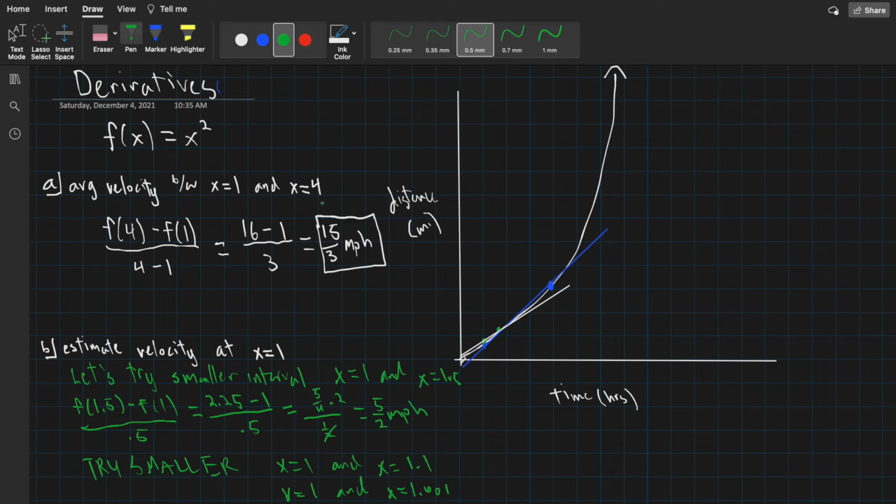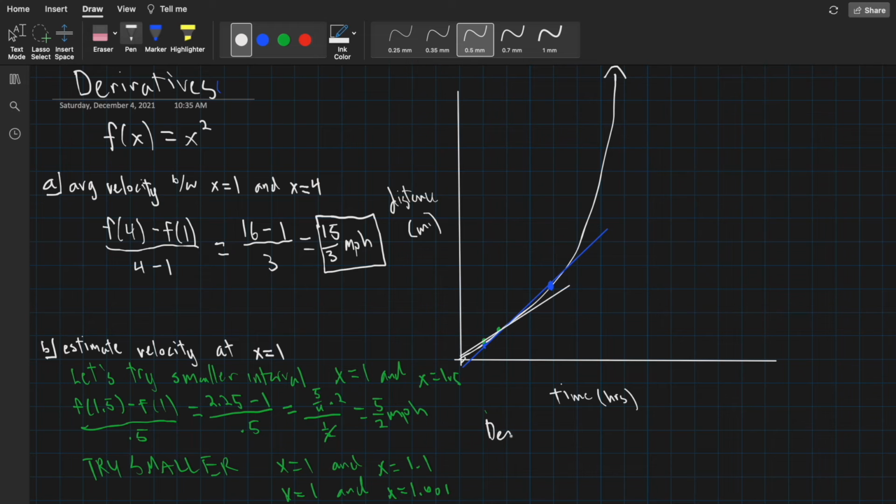So this is now where the tool we learned with limits becomes super helpful in helping us define our derivative. So this is how we define the derivative.